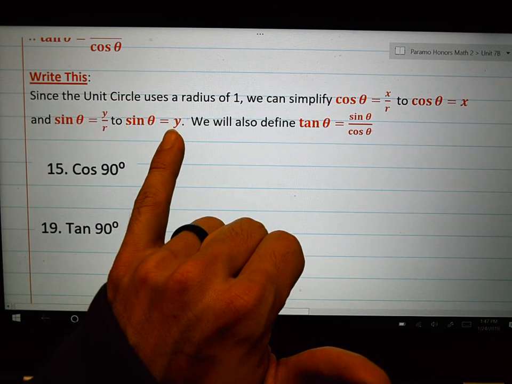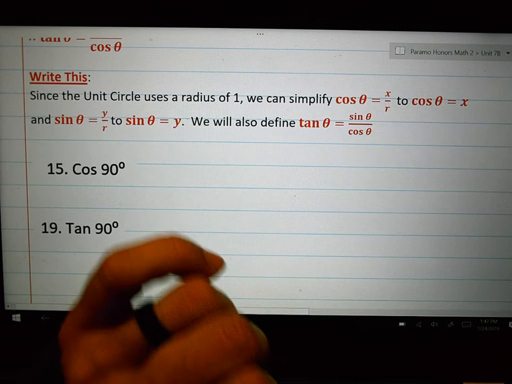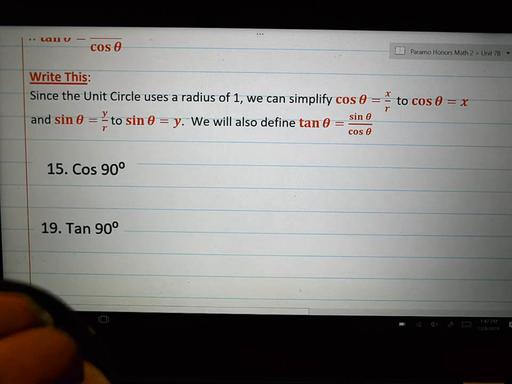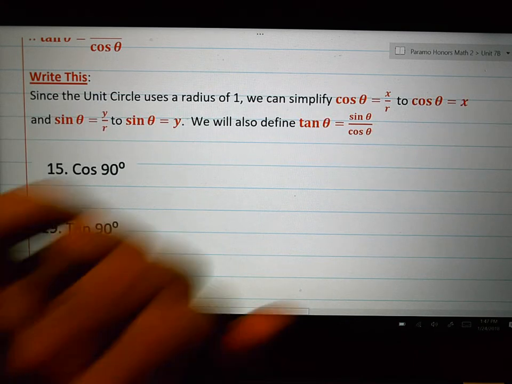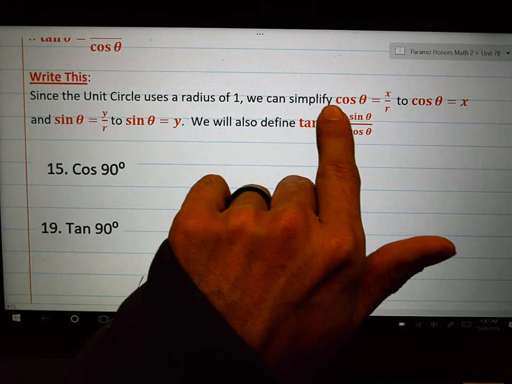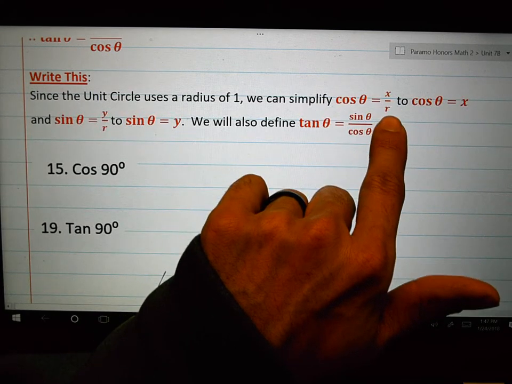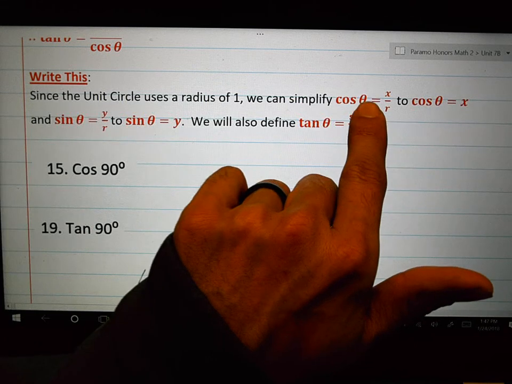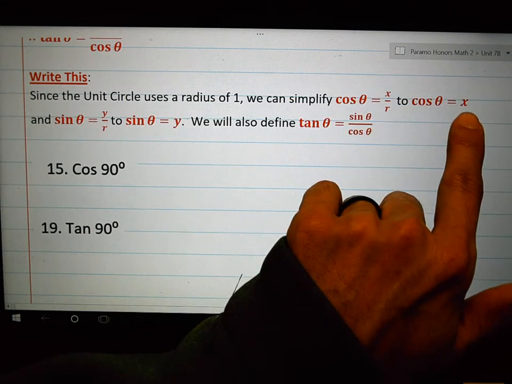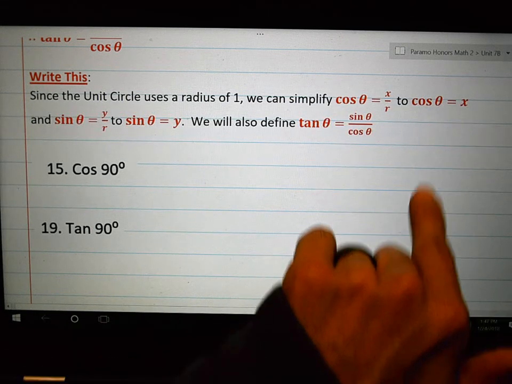I need to say that one more time so you really get what I'm talking about. Because the cosine of any angle is the x-coordinate divided by the radius, our cosine is always going to represent our x values, our x-coordinates.